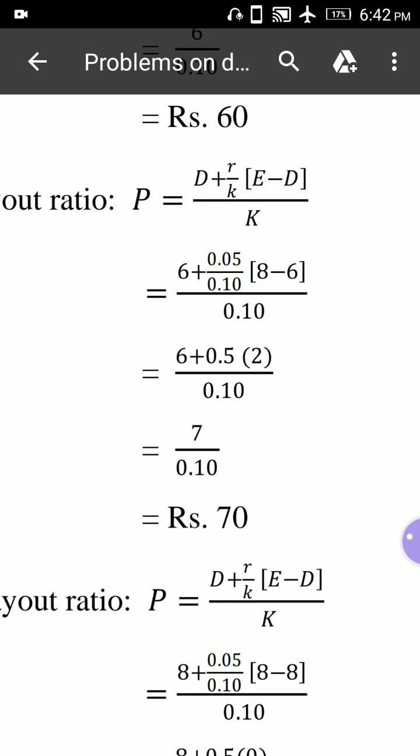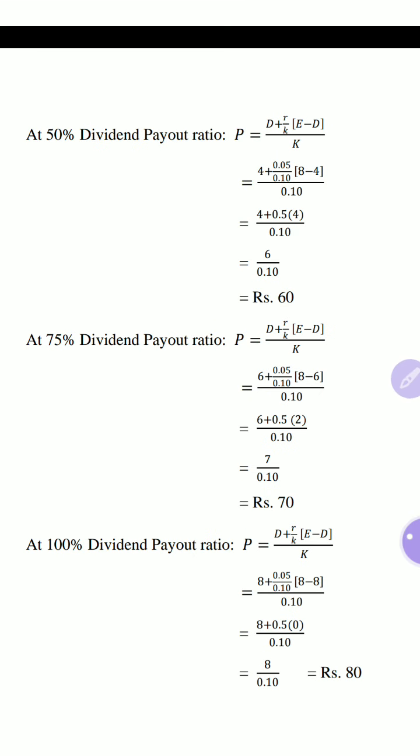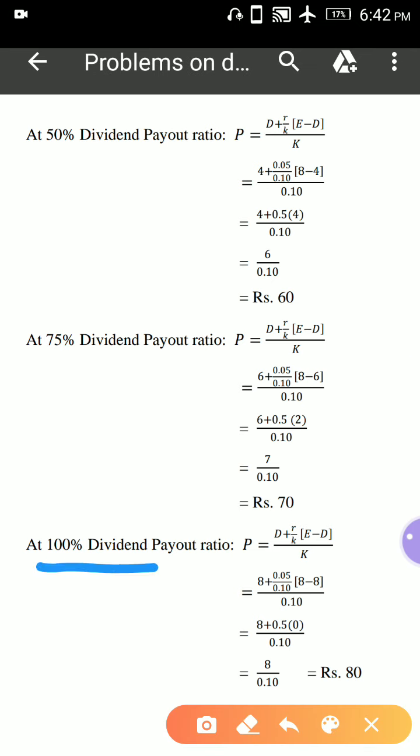See here, the market price of the share is 70 rupees at 75% dividend payout ratio when R is less than K.